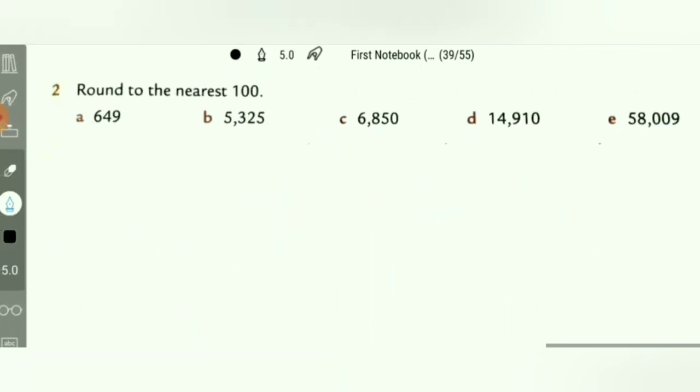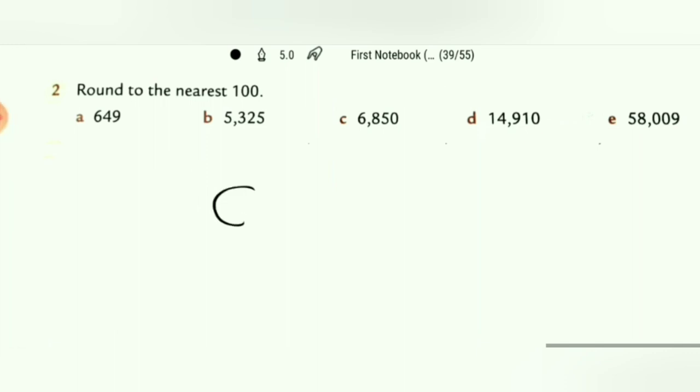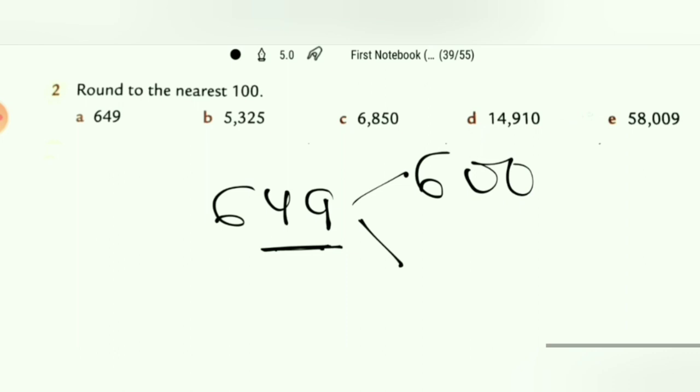Next, round to the nearest 100. 100 means the ones and the tens place values will be changed. See, 649. It means these two places will be changed. 100 means 600, and then 700 will come.